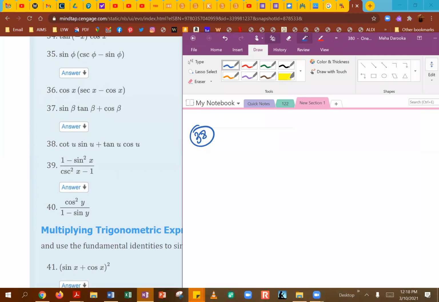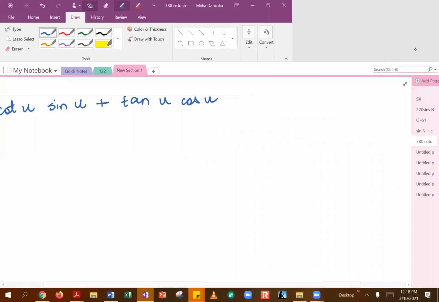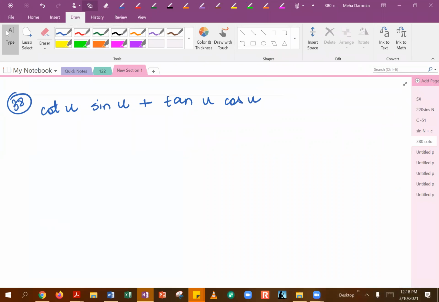Let's go ahead and write this down. So 38 is cotangent of u, sine of u, plus tangent of u, and cosine of u. And again, we're trying to simplify this. So we're trying to see how we can break this down.